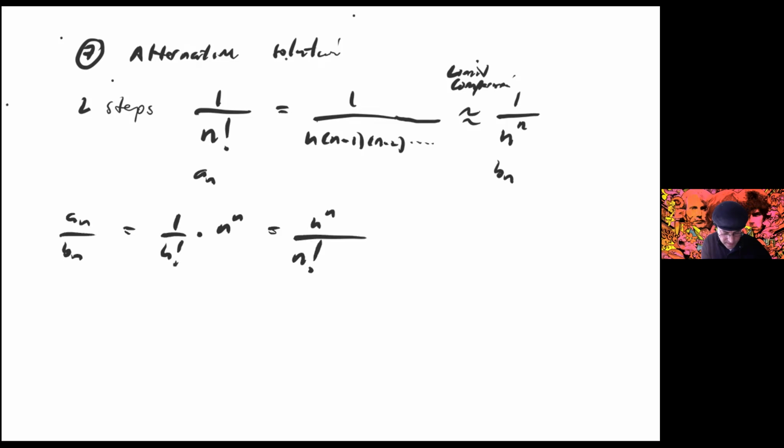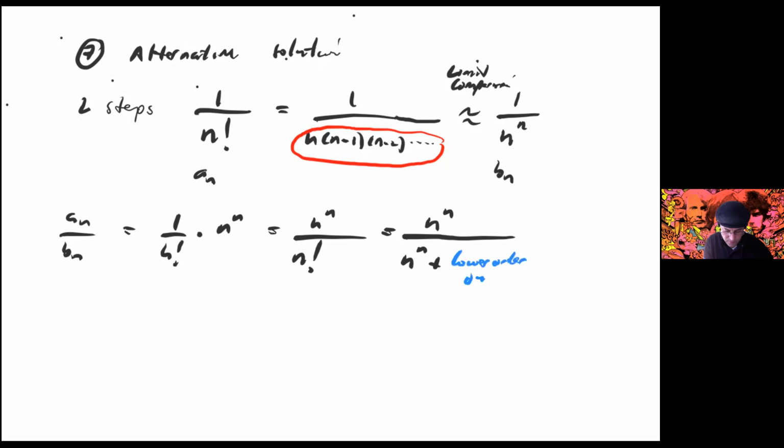Again, this is like n to the n on top, and the polynomial you get for n factorial has the highest power of n being n to the n, and then there's an addition of lower order stuff.